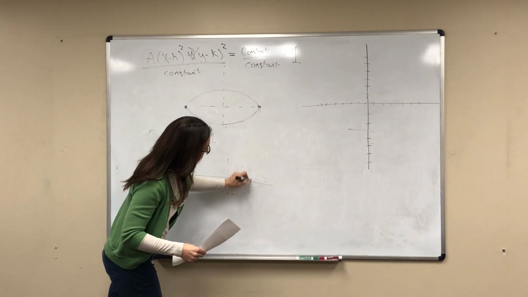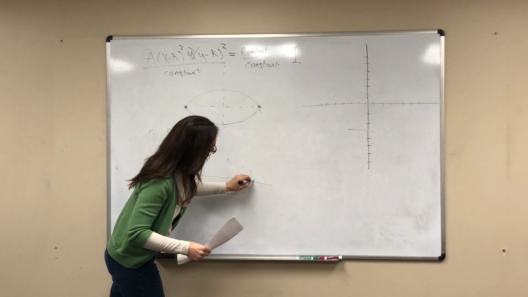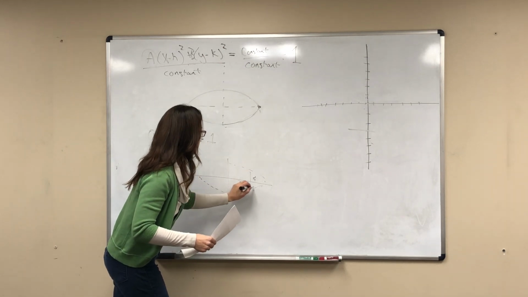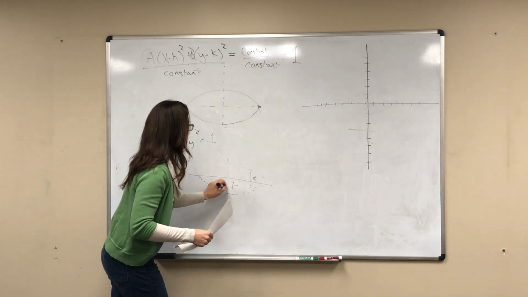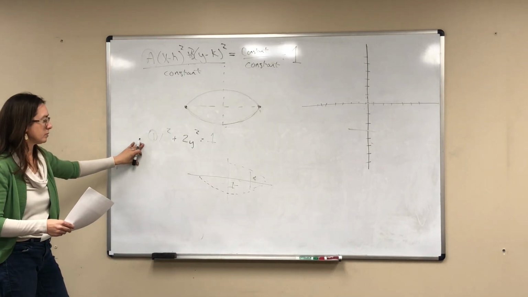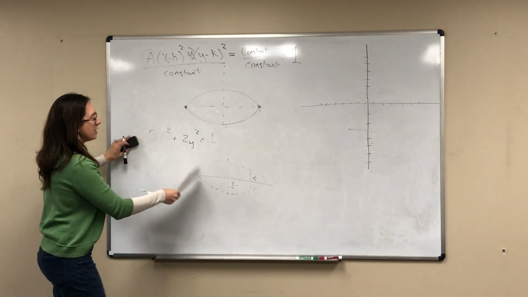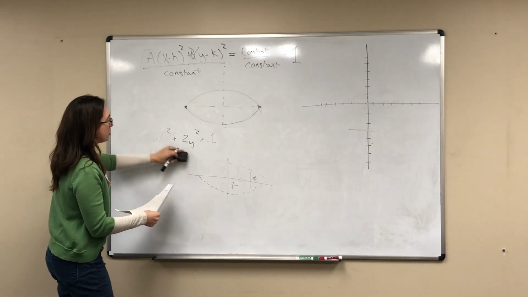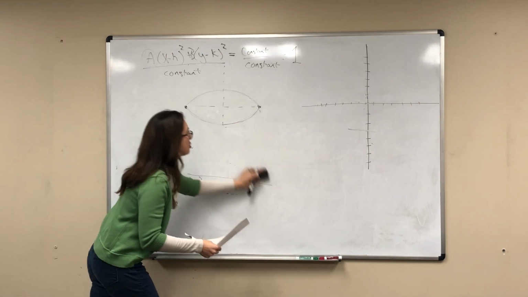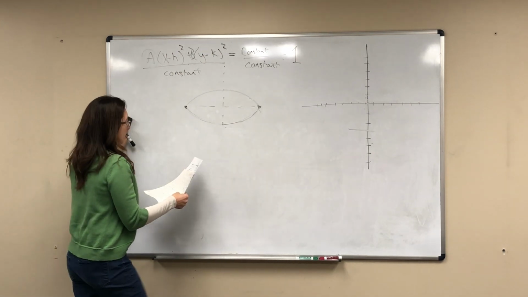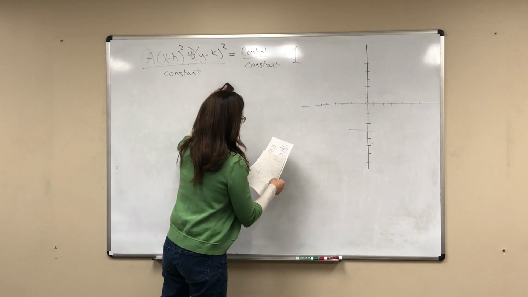This side would need to be skinnier, right? So this would be a curvature of 2. This direction is a curvature of 1. Right? So this is why, when our coefficients are different, we're going to have different curvatures we're looking at for ellipses.